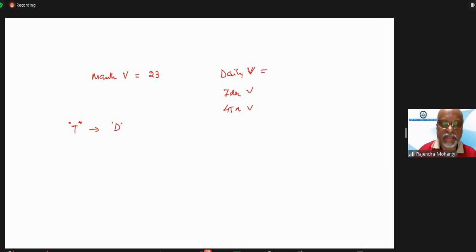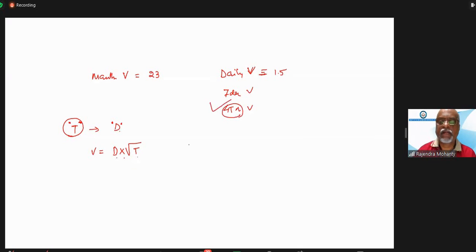So we know that the daily volatility is D, and the question asks us to calculate the volatility for a period T. In such a case, the volatility will be D multiplied by the square root of T. Suppose the daily volatility is 1.5, then find the volatility of 45 days.